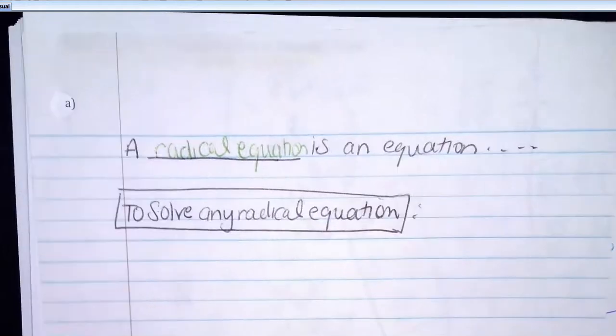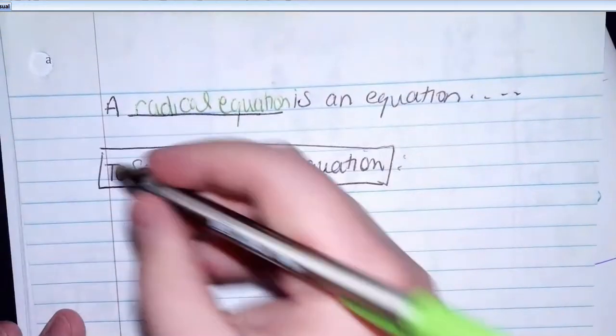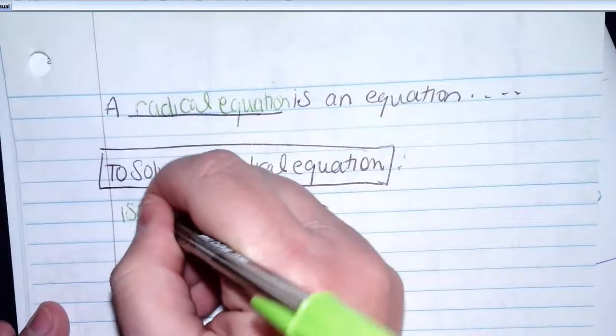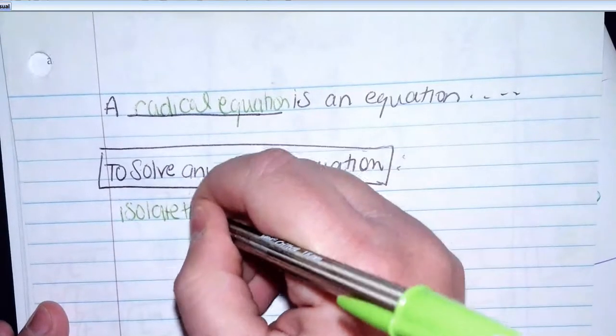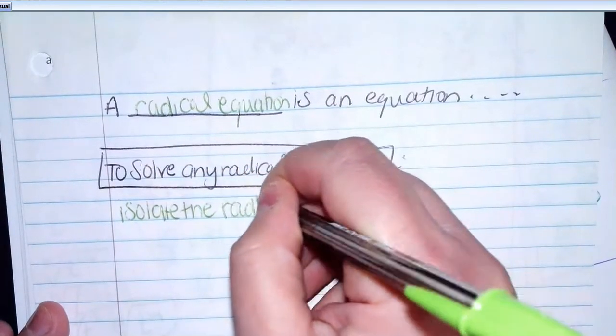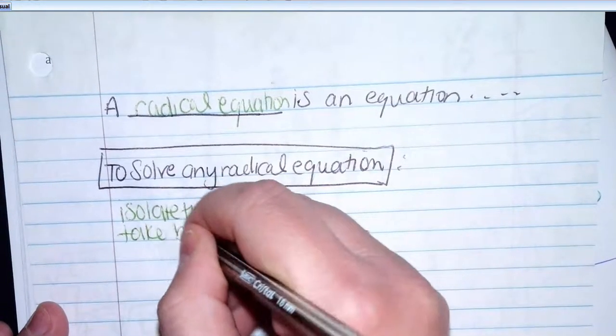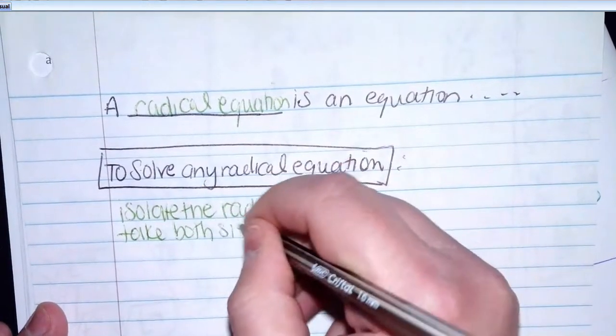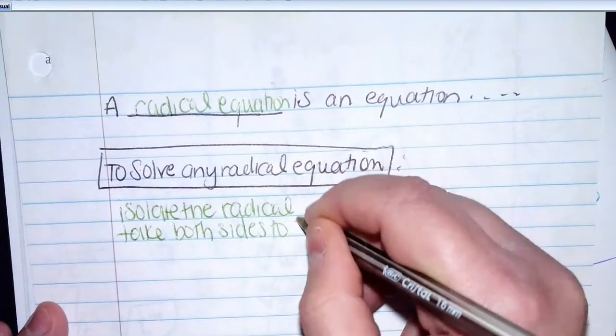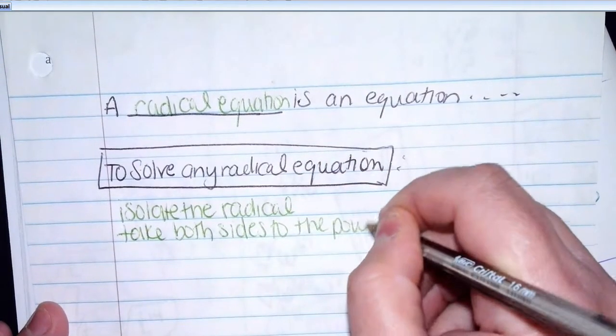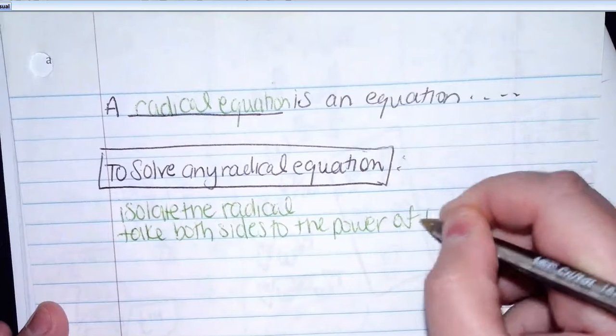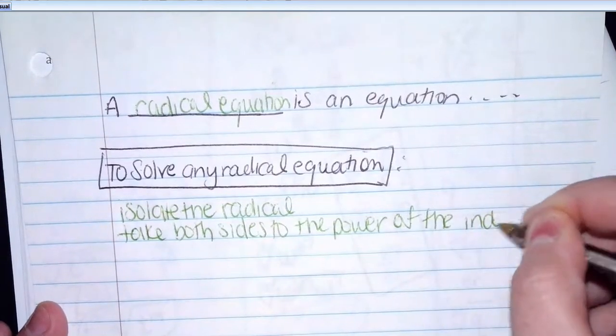So to solve any radical equation, you want to isolate the radical. Then you want to take both sides to the power of the index.